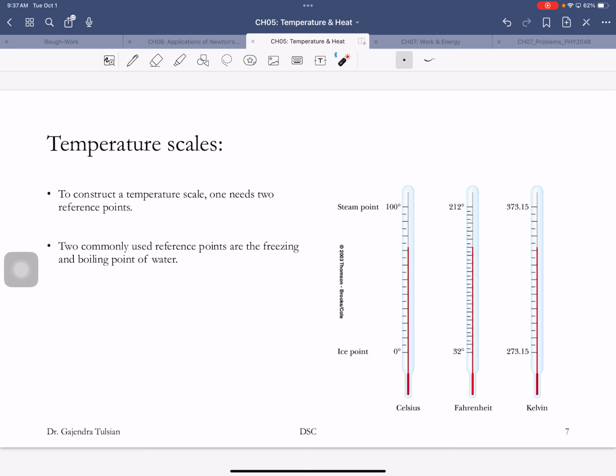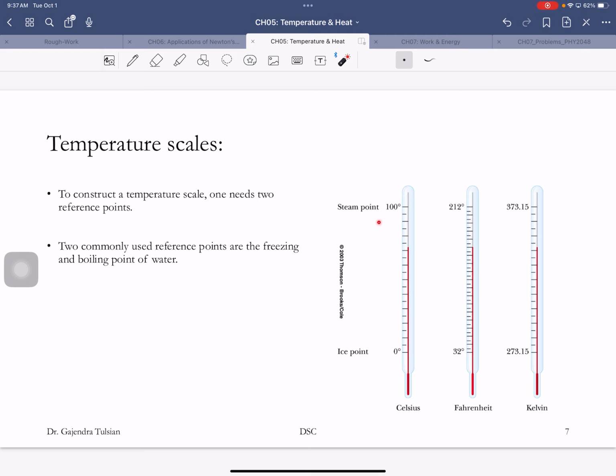For instance, ice melts at the same temperature no matter when. At one atmosphere pressure, you can melt ice in the middle of the night, during the day, 10 years from now, and it melts at the same temperature, and you can call it whatever you want. So these guys call it 0 degrees Celsius, these guys call it 32 degrees Fahrenheit, and these guys call it 273 degrees Kelvin.